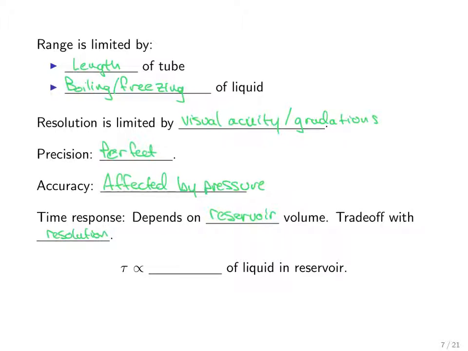Overall, the time constant is proportional to the volume of the liquid in the reservoir. The two main challenges with mercury and alcohol thermometers are that they are fragile, slow and big, and they have no electric output.